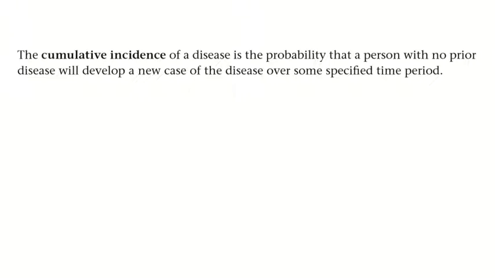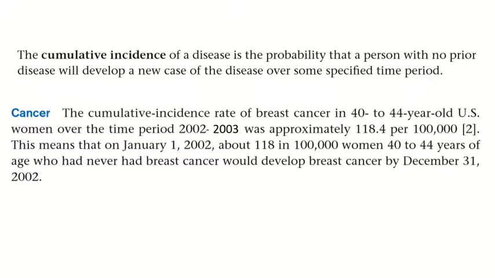Then we also have incidence or cumulative incidence. The probability that a person with prior disease will develop a new case of the disease over some specified time period. And here's a sample problem.